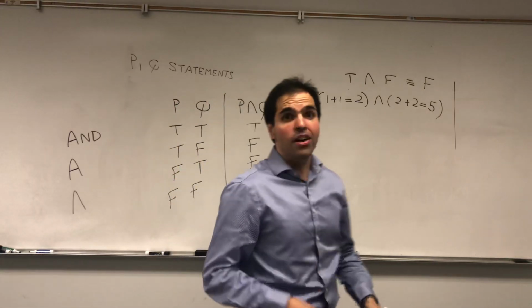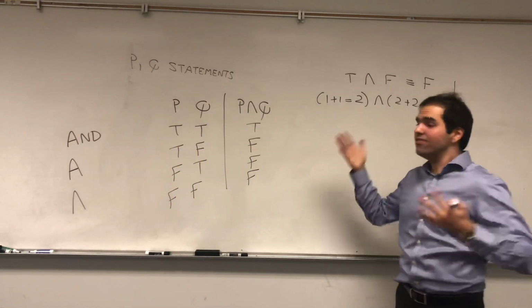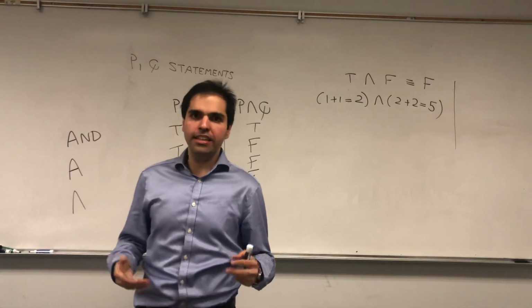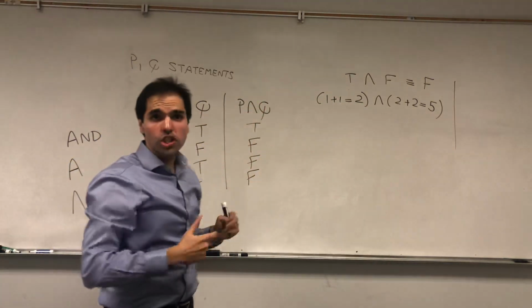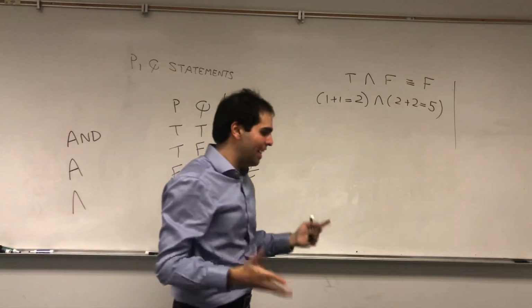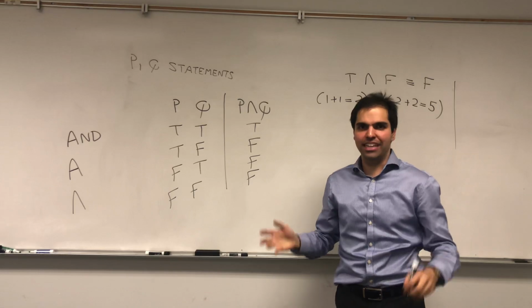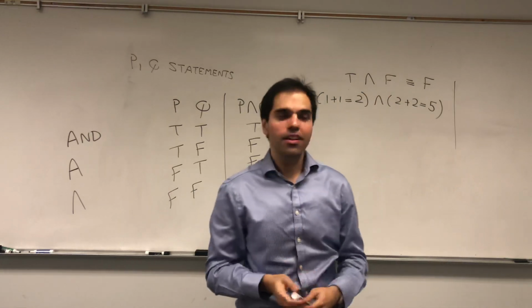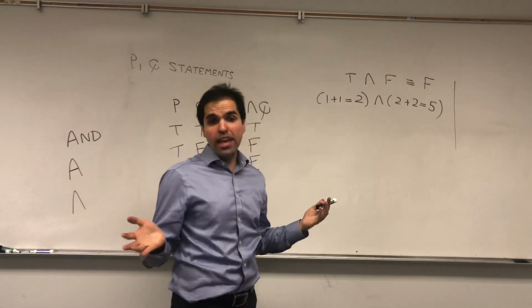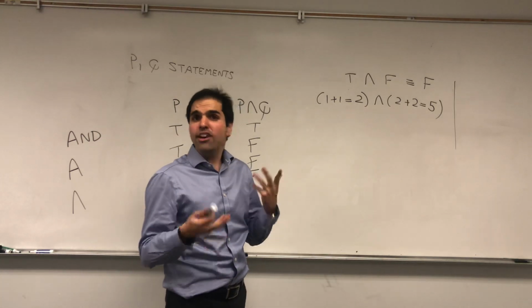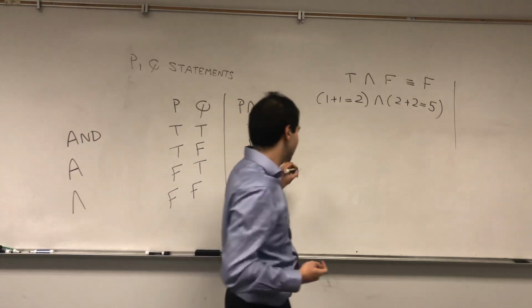Now, you may say, why do we even care about this? Well, it's useful in my opinion because those logical connectives like and, they help you find the skeleton of a statement. Let me illustrate. For instance, if you take analysis, good luck, okay, you see very convoluted statements like this.